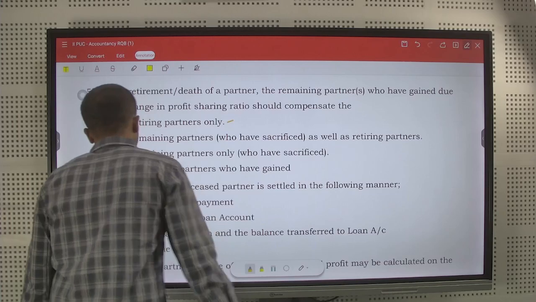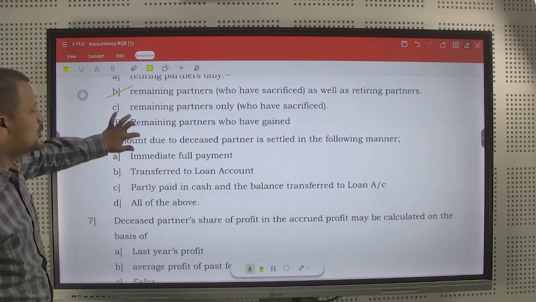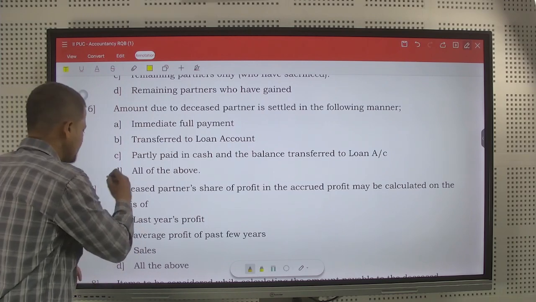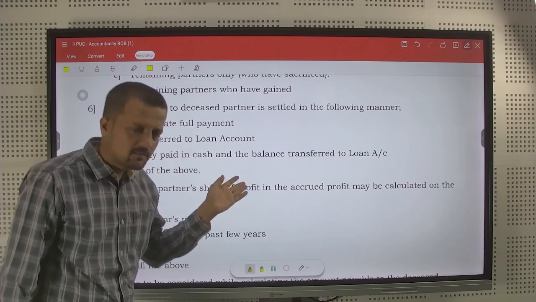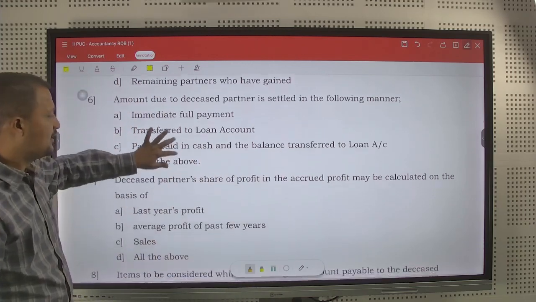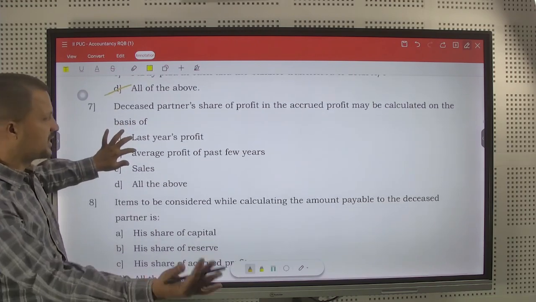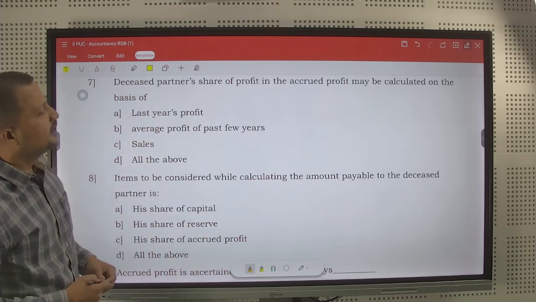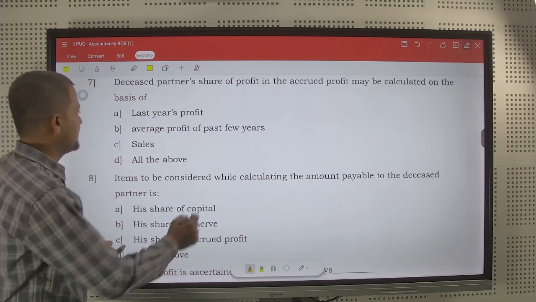Next, the amount due to deceased partner is settled in the following manner. All of the above, because you can make immediate payment, you can transfer it to loan, or you can pay half and pay the other half in the form of loan. Deceased partner's share of profit may be calculated. Yes, it can be done.